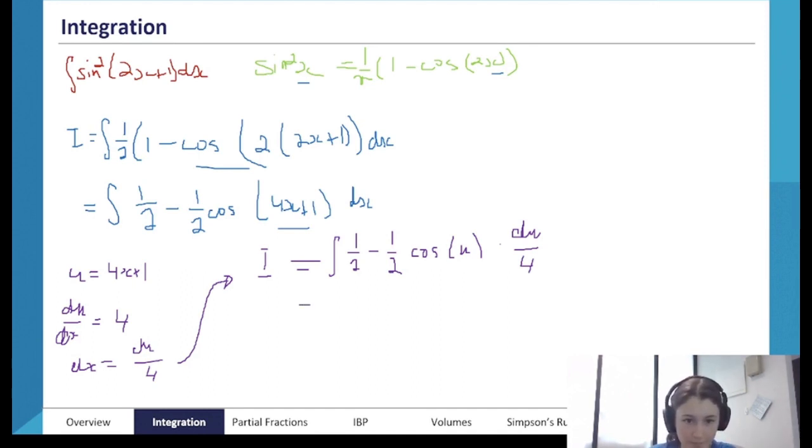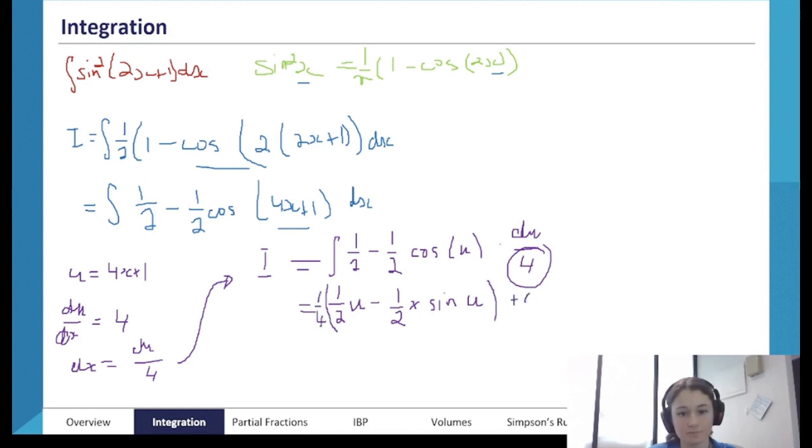So we are going to have a half u, take a half times the sine of u, and then this is all going to be divided by 4 because we have this quarter at the end. So now we need to simplify this, and of course our last step is to sub our linear component back in for u.